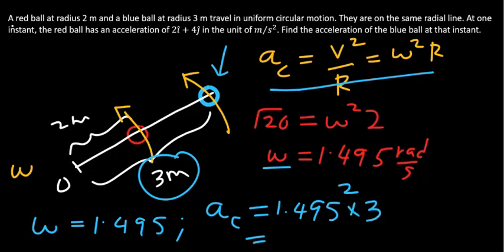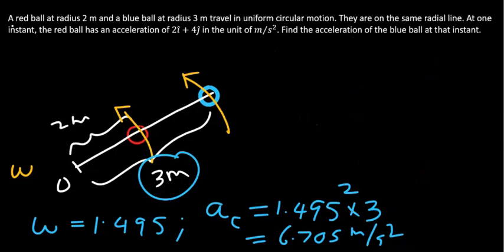So you're going to get 6.705 meter per second squared for the magnitude of the centripetal acceleration of the blue ball. What about its direction? Its direction will be towards the center of the trajectory. So just like the red ball, the direction of that centripetal acceleration of the blue ball is going like that.